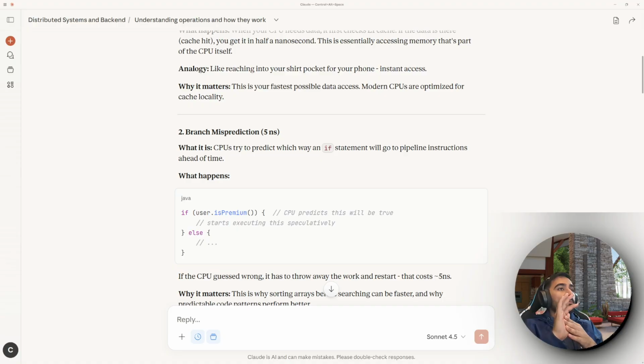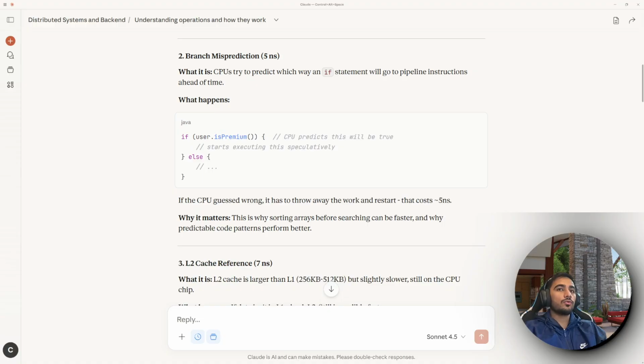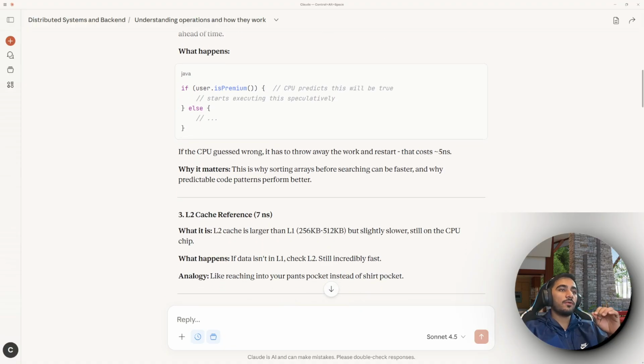Based on that, it tries to predict in what direction your condition will go, if true or if not true. If the CPU guessed wrong, it has to throw away the work and restart, and that costs around 5 nanoseconds. Why it matters: this is why sorting arrays before searching can be faster, and why predictable code patterns perform better at a CPU chip level.